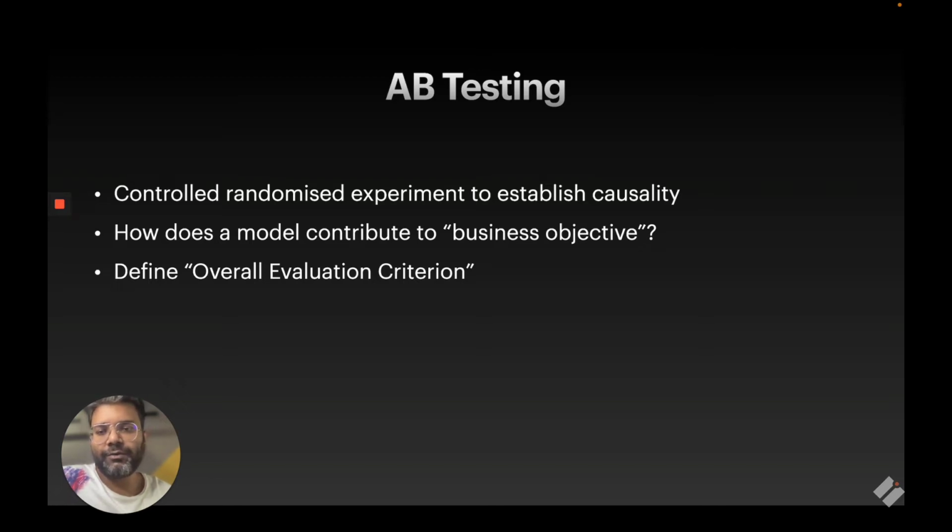And then you define your overall evaluation criteria, which you can think of as a proxy to your business objective, because sometimes business objectives can take many months, if not weeks, to actually be visible, right? So what people typically do is define an evaluation criterion that is a proxy to the business objective, and use this as a metric to see how the experiments are performing.